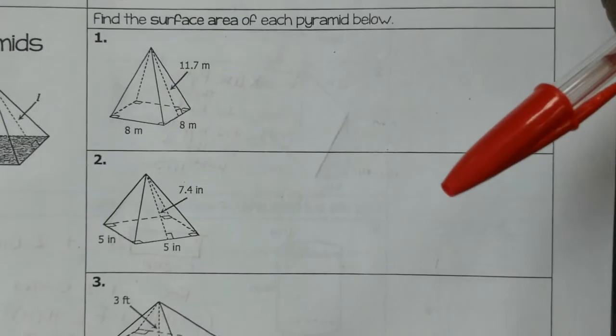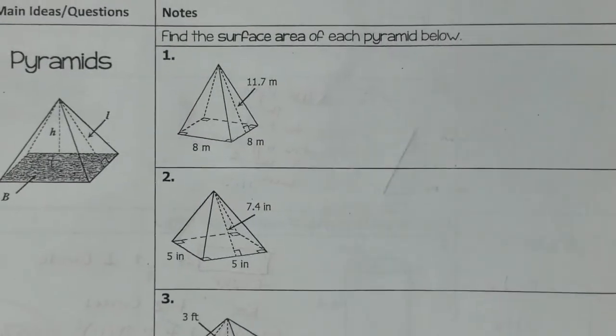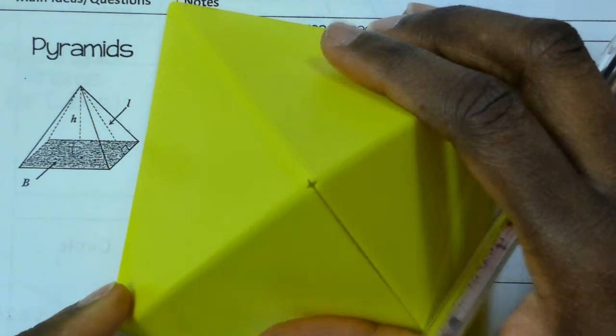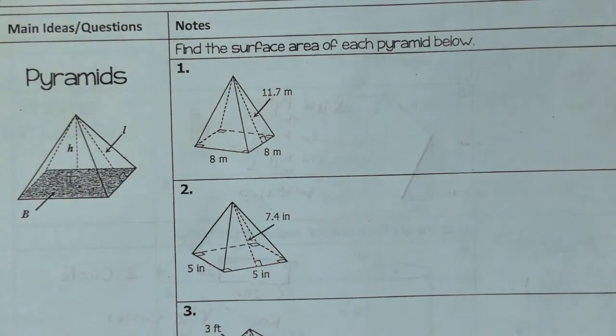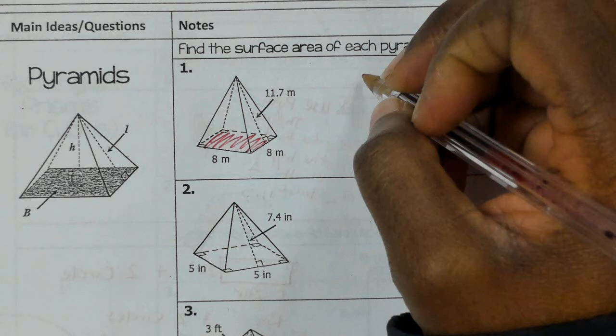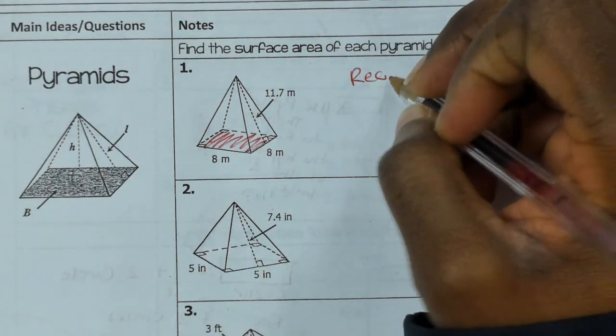Okay, so find the surface area of the pyramid. So we have a pyramid here. We're going to have 1, 2, 3, 4 triangles, and then the base, whatever the base shape is. So our base shape is a square in this case, but I'll just use a rectangle because we don't have the square area.